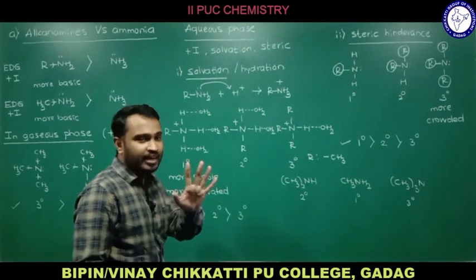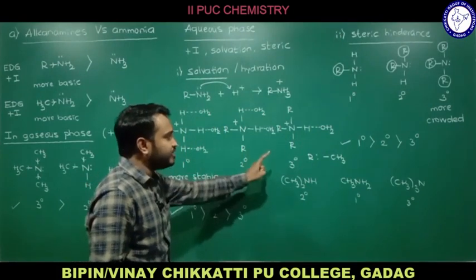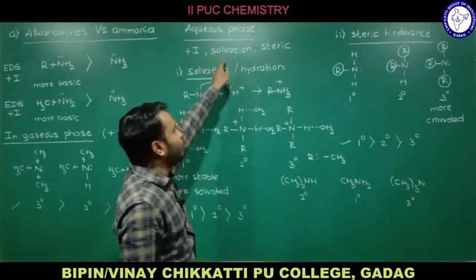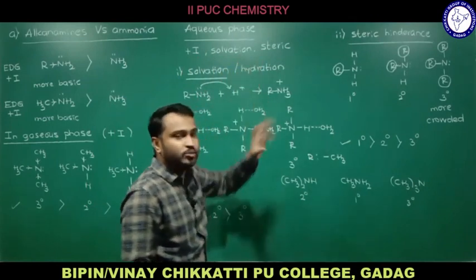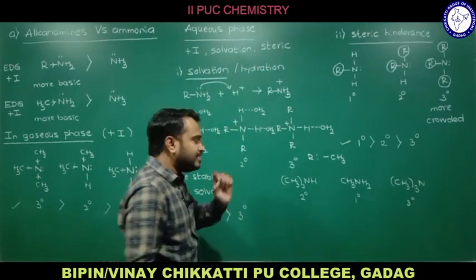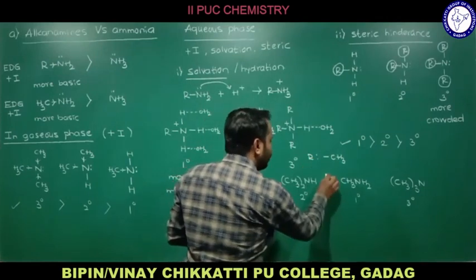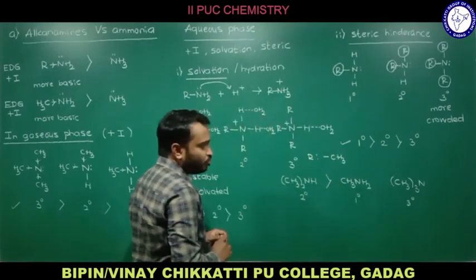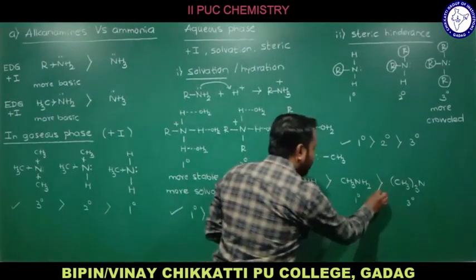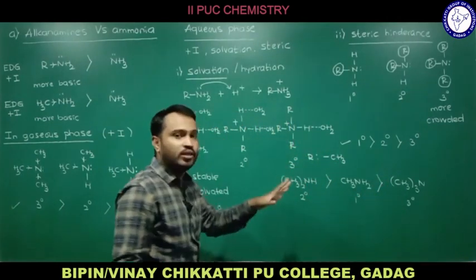Experimentally, remember that in the aqueous phase the plus I effect, solvation effect and steric hindrance take part. Experimentally, it is observed that if R or the alkyl group is a methyl group, the secondary amine is more basic in nature than the primary amine, and then we get the tertiary amine.